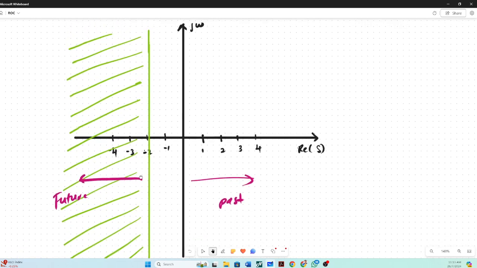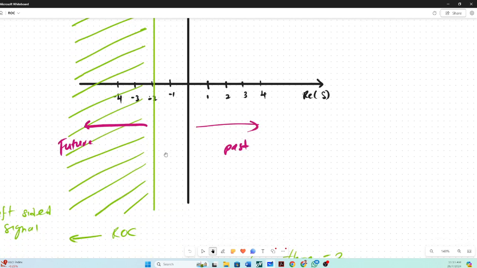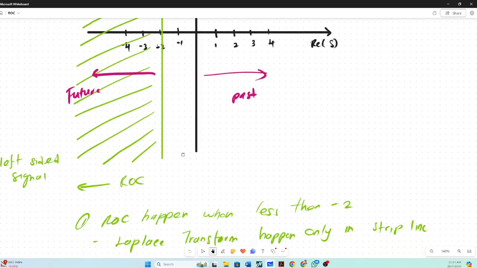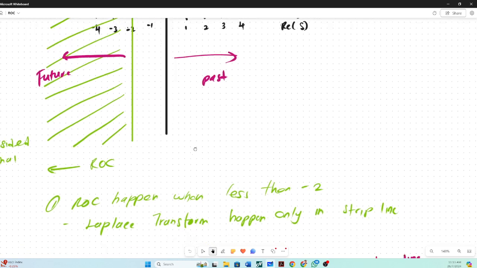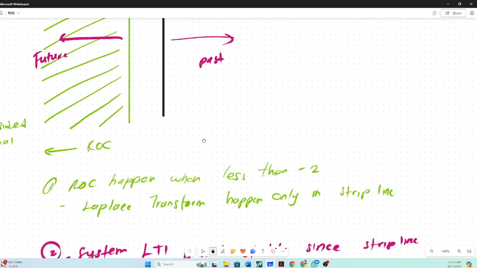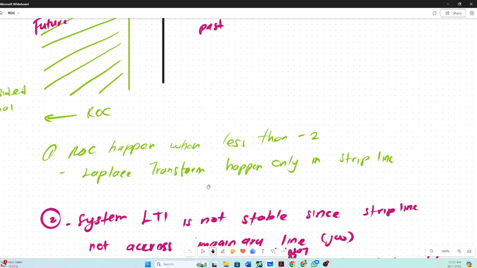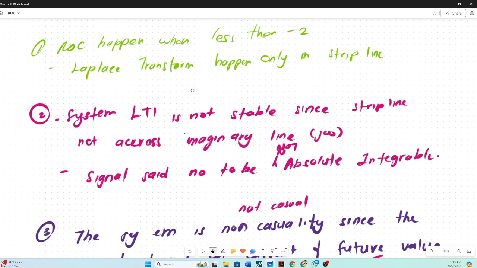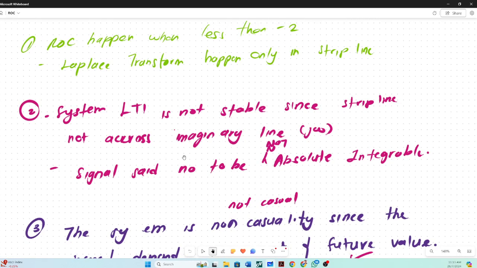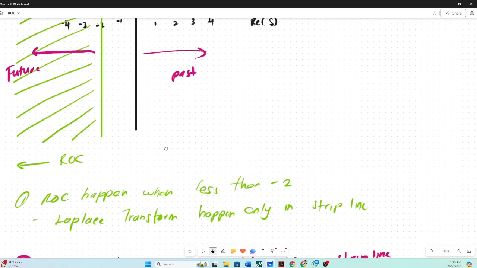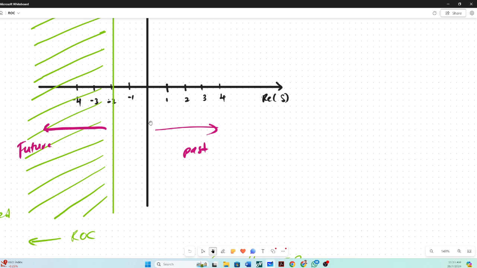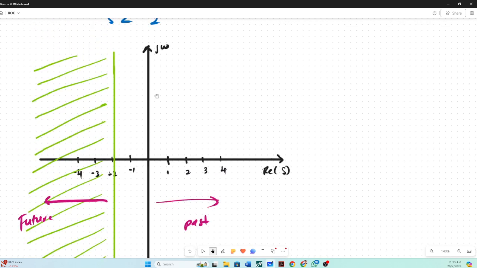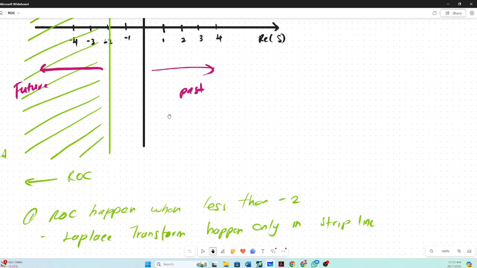If we have this system, we can make considerations and identify the type of the system. The ROC happens when the shaded area is less than minus 2, and then we can say that the system is not stable because the shaded area does not touch the j omega or imaginary axis.